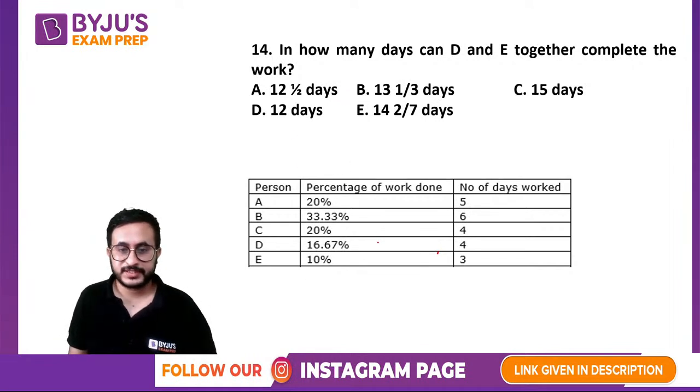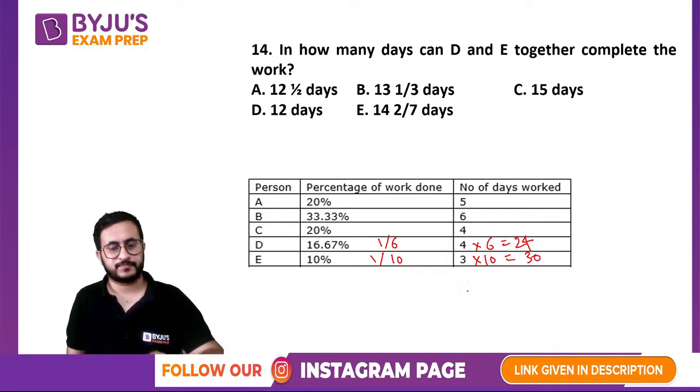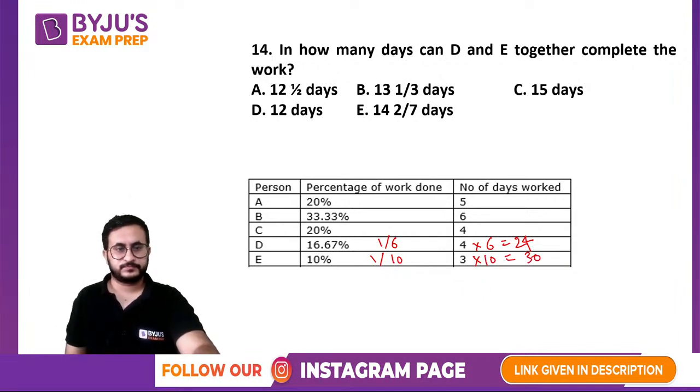So D is doing 1/6, right? So 1/6 means 24 days, and E is doing 1/10. That means 30 days. Do the calculation.